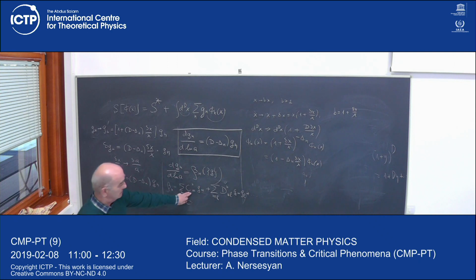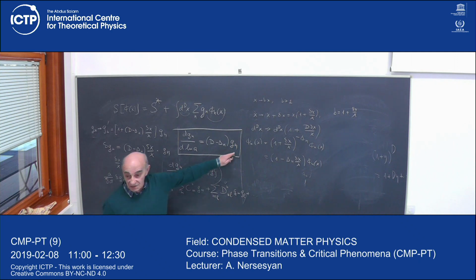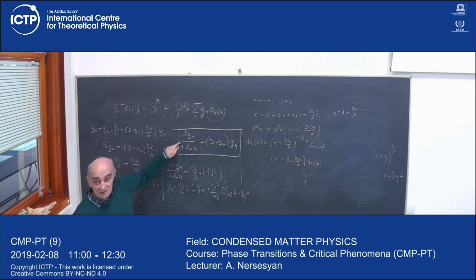So generally speaking, this is a matrix. Already in the presence of the linear term, this is a matrix which depends on two indices. And here we have a particular case when this matrix is diagonal, when m is equal to n. There is only one coupling constant on the right-hand side, which coincides with that on the left-hand side.